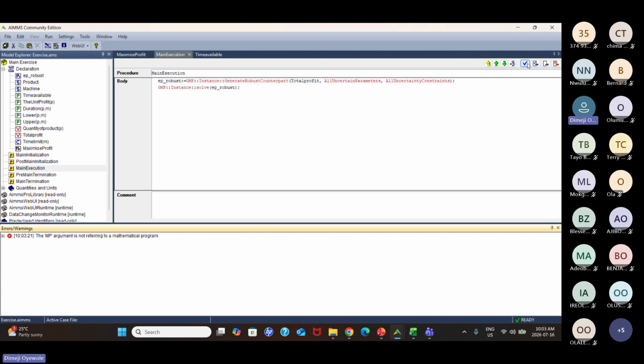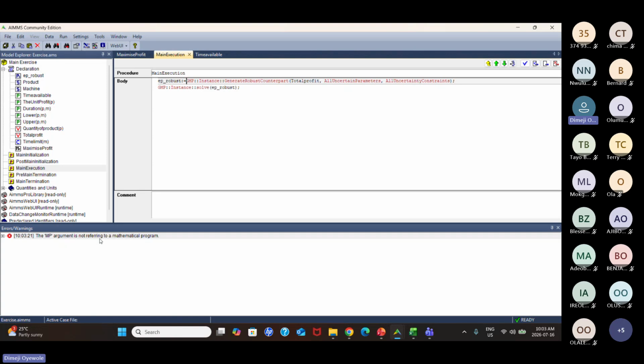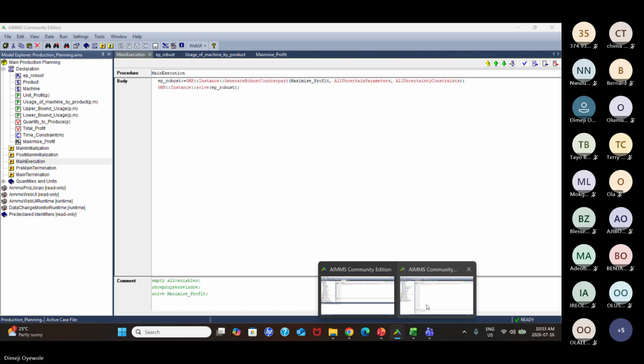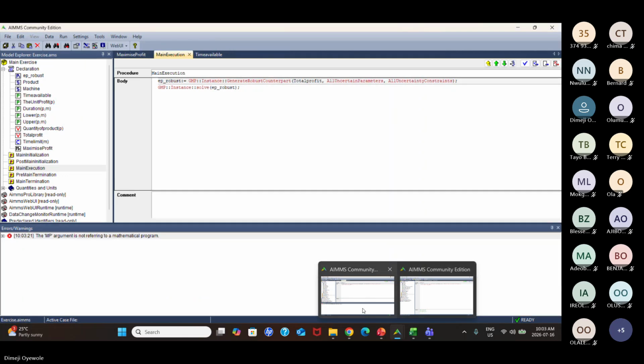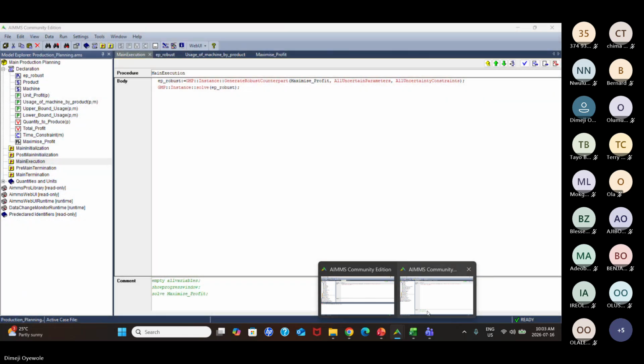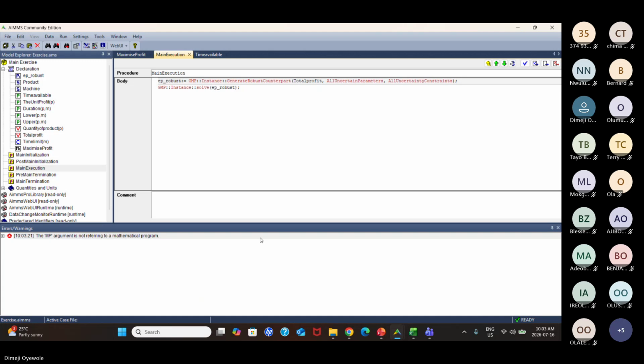So let's check again. The MP is not referring to. So I think it's because I do not have the license, the robust add-on.